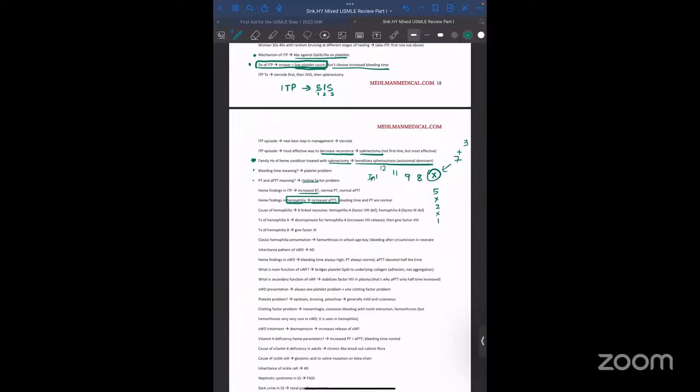This is all intrinsic. This is extrinsic. This is common. Two common pathway. 2 was thrombin. 1 is fibrinogen. So 12, 11, 9, 8. So factor 8 is hemophilia. 9 is Christmas disease.